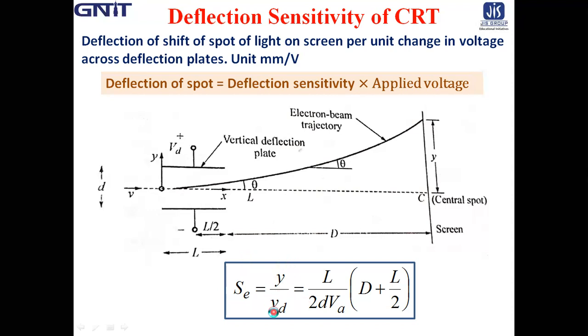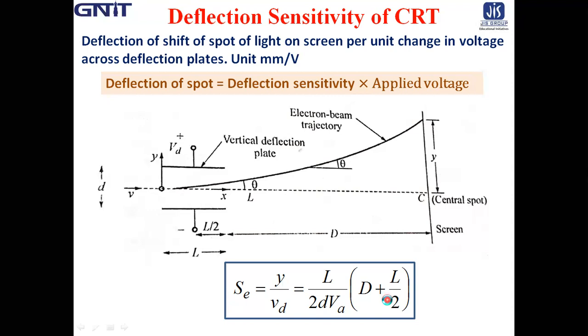After some mathematical calculations, we can evaluate it, and the ultimate result is L by 2 d Va, times (d plus L by 2). So this is the mathematical representation for deflection of spot.